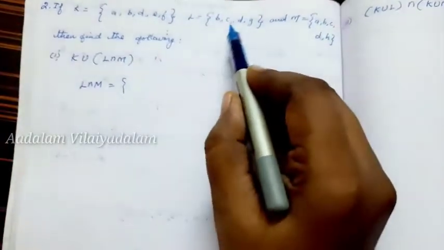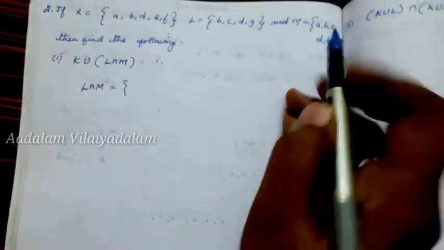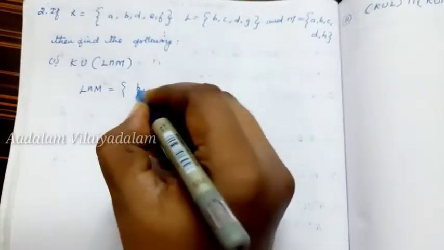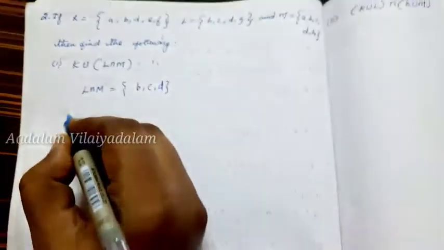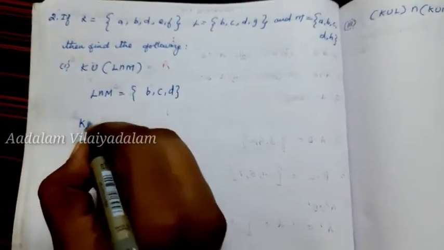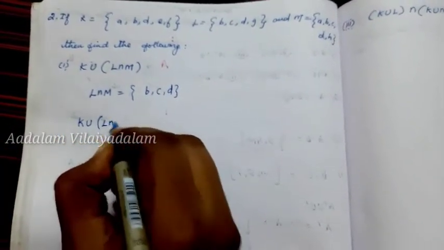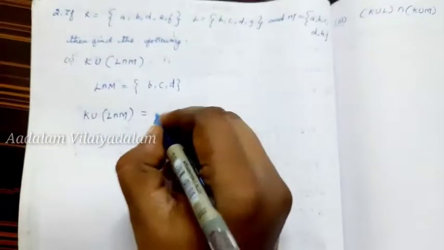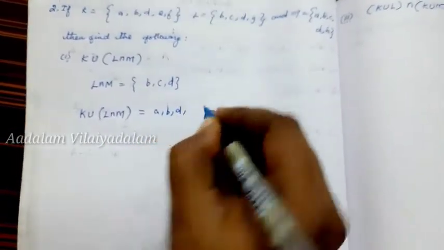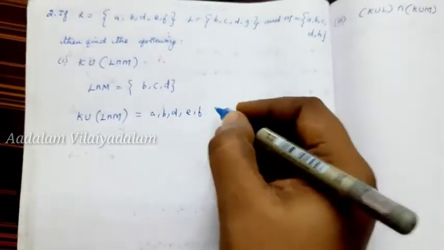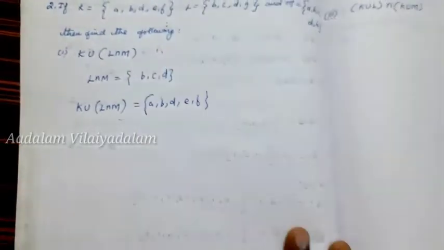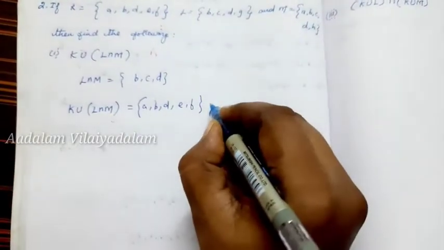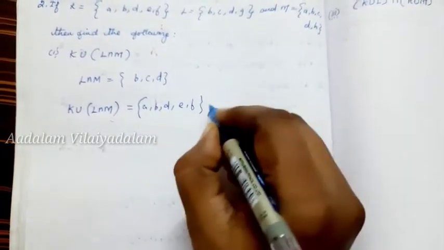L is B, C, D, G and M is A, B, C, D, H. So the common elements are B, C, D. Now we need to find K union L intersection M. K is A, B, D, E, F.